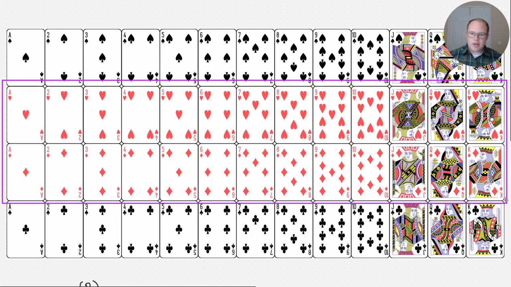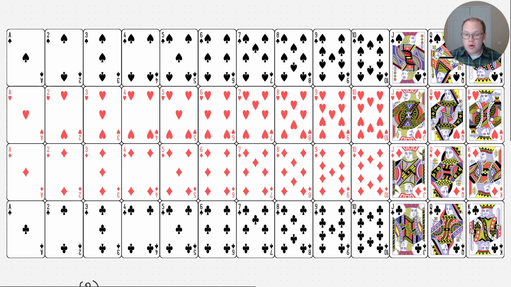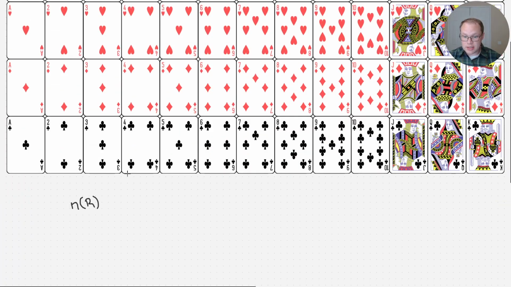You could either count them directly, or you can just know that there are two suits here, and each suit has 13 cards. So 2 times 13 would be 26 cards. So there are 26 cards that are red. So the number of ways that we could draw a red card is 26. Any one of those 26 cards would satisfy this event.